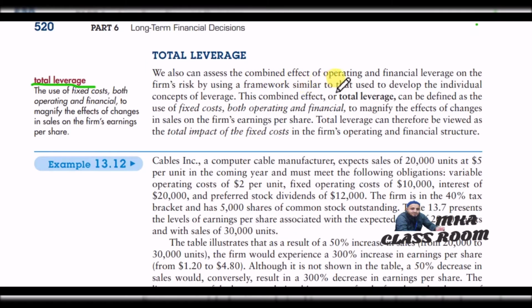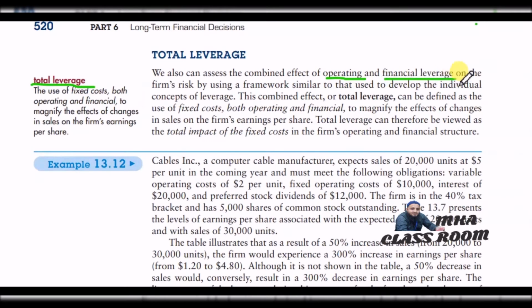Assess the combined effect of operating and financial leverage on the firm's risks by using a framework similar to that used to develop the individual concept of leverage.